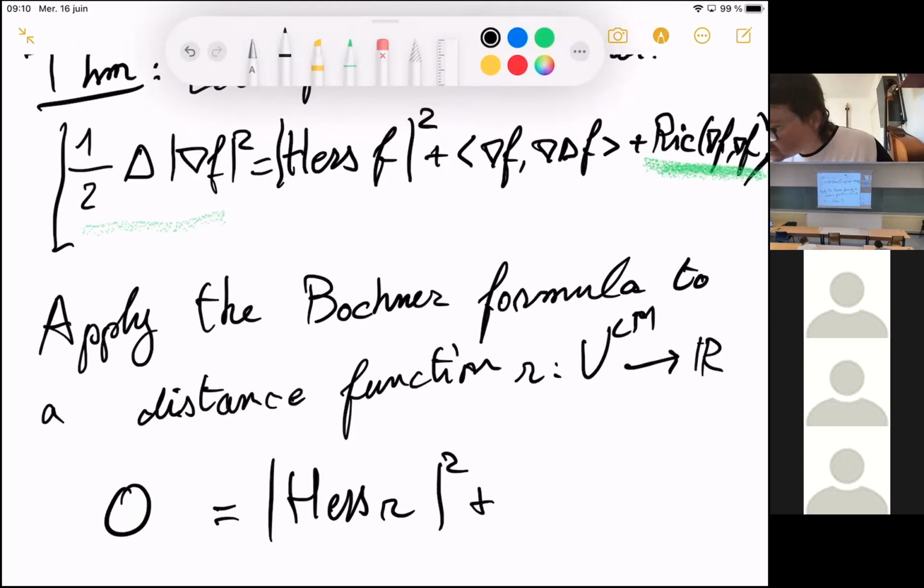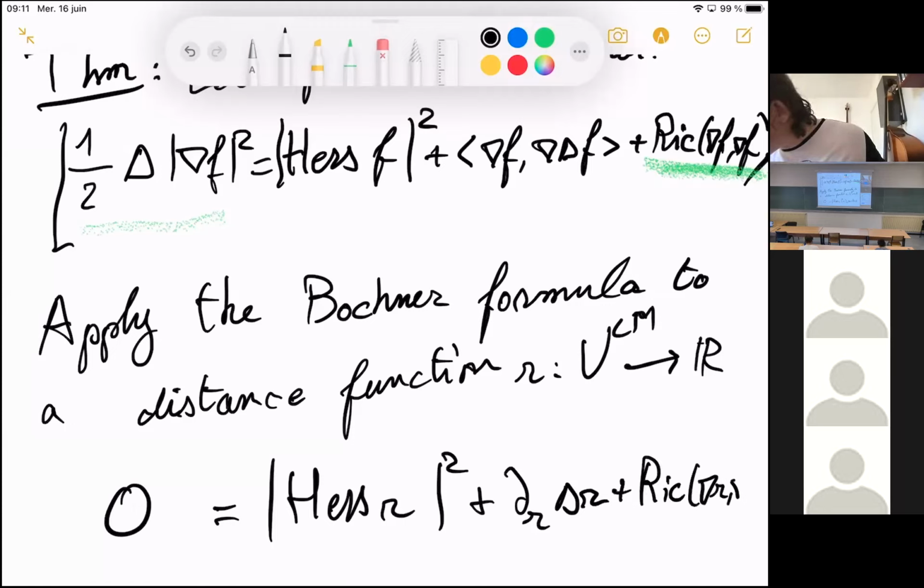Gradient r is just the radial vector field associated with the distance function. So the inner product of gradient r and the gradient of the Laplacian of r will be just the radial derivative of the Laplacian of r, plus then Ricci of gradient r.